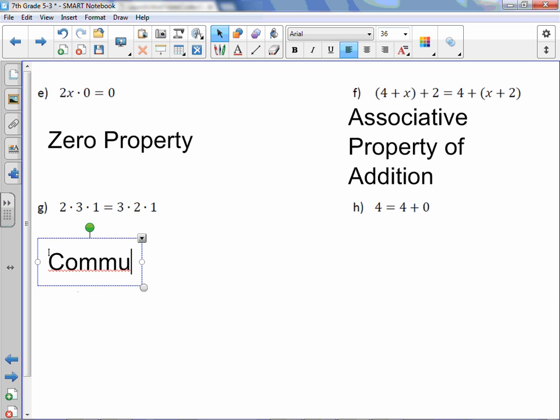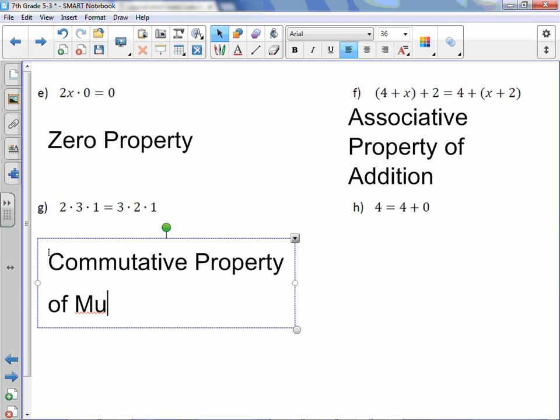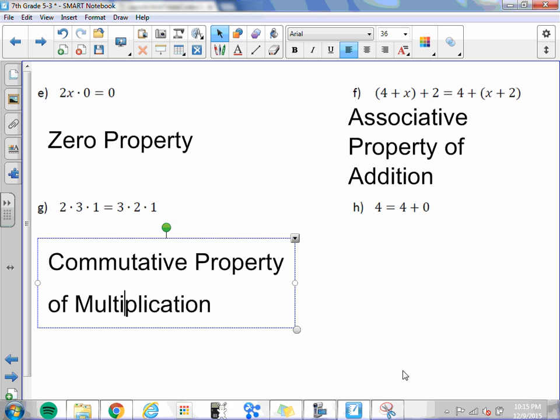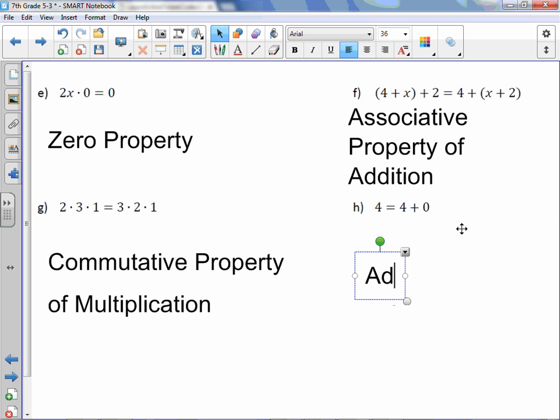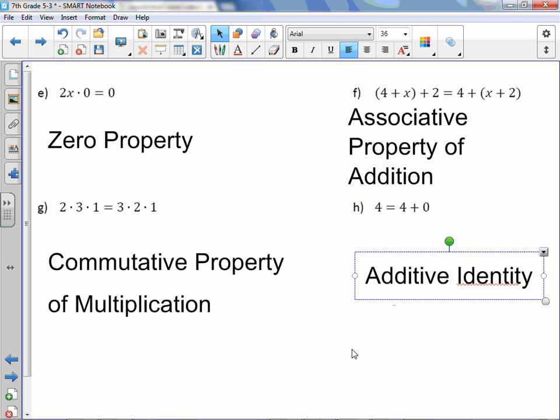The order changes, so this is the commutative property of multiplication. And letter H, 4 equals 4 plus 0. What you put in, you get out, and it's addition. So this is the additive identity.